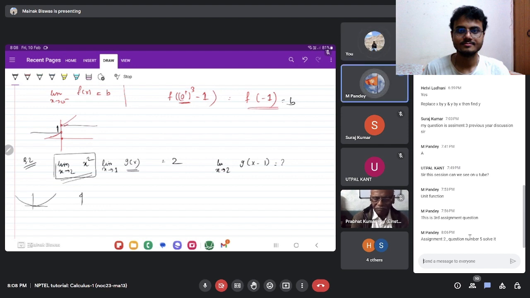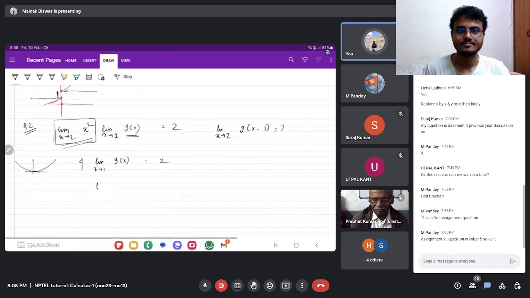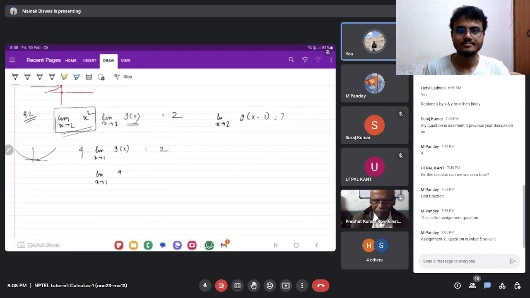So it's 4, limit x tends to 1. This is simple algebra, it's nothing in it. 2. So limit x tends to 1 of g of x is 2 by 4, right? Half, right? Correct?